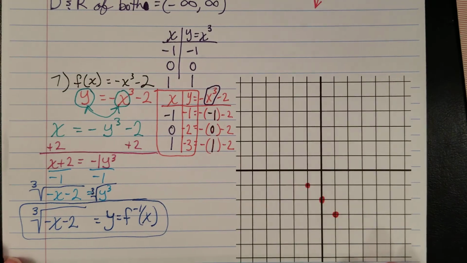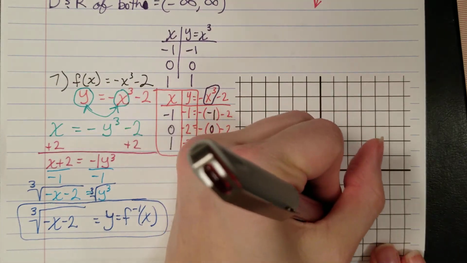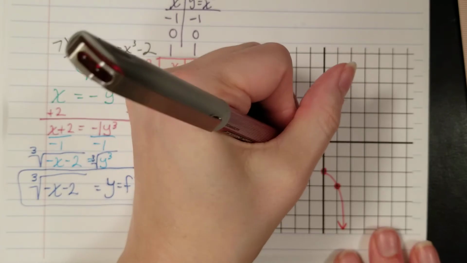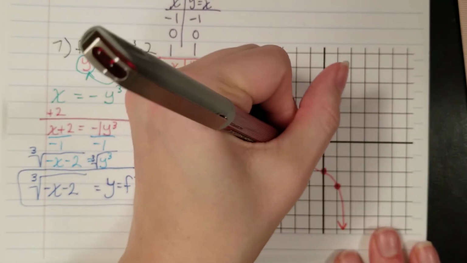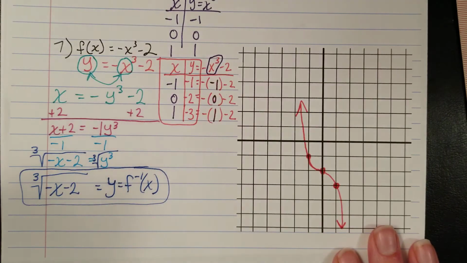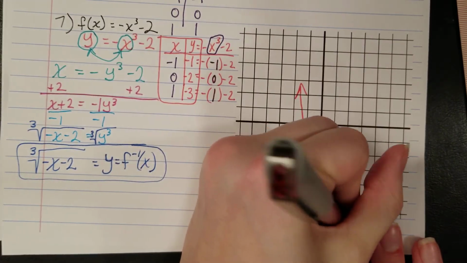And if you remember, the shape is like that. All right, so that is your f of x, your original.